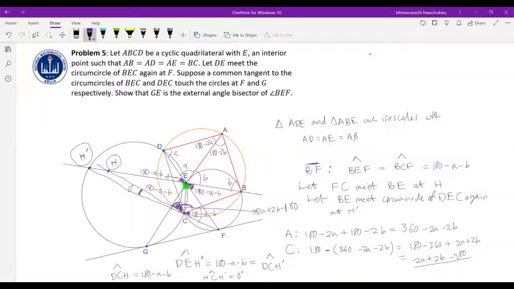That's why I said there's something special about point H. So it means this line, this point, and this point are collinear. Very, very important.